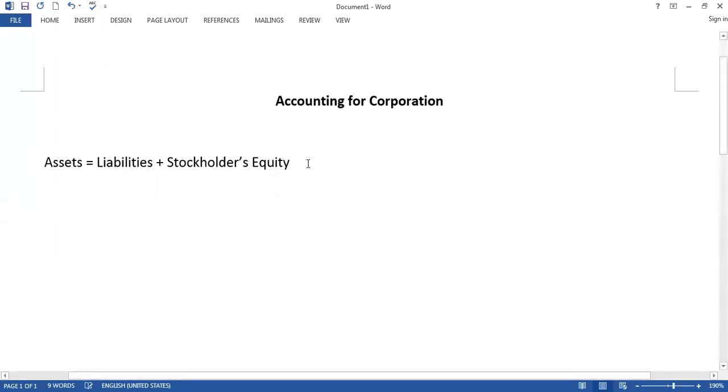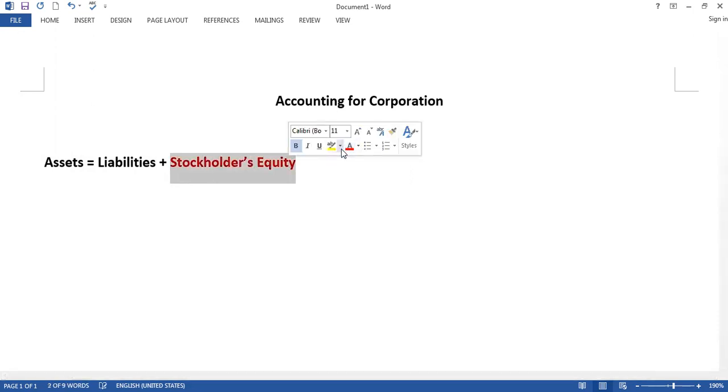So this is the accounting equation for a corporation accounting. But in this chapter, we are going to focus mainly on this part, the stockholders' equity section.